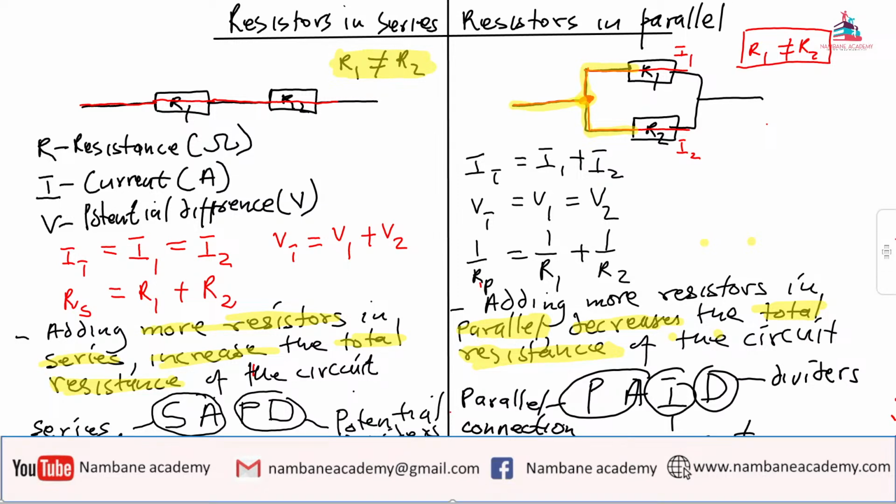So I am going now to further explain in terms of power what happens when we have resistors in parallel, and what happens when you have resistors in series, bearing in mind the analogy that we said: series connections are potential dividers, and in parallel connections, resistors are current dividers.